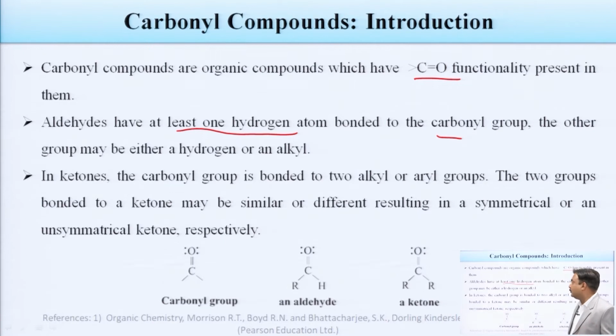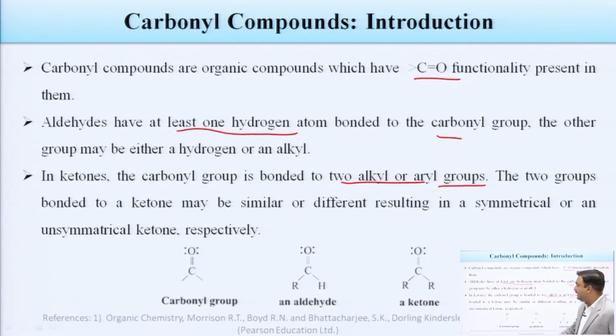In a ketone, the carbonyl group is bonded to two alkyl groups or aryl groups, meaning the carbon is not bonded to any hydrogen atom. Instead of a hydrogen atom, two alkyl or two aryl groups are present.